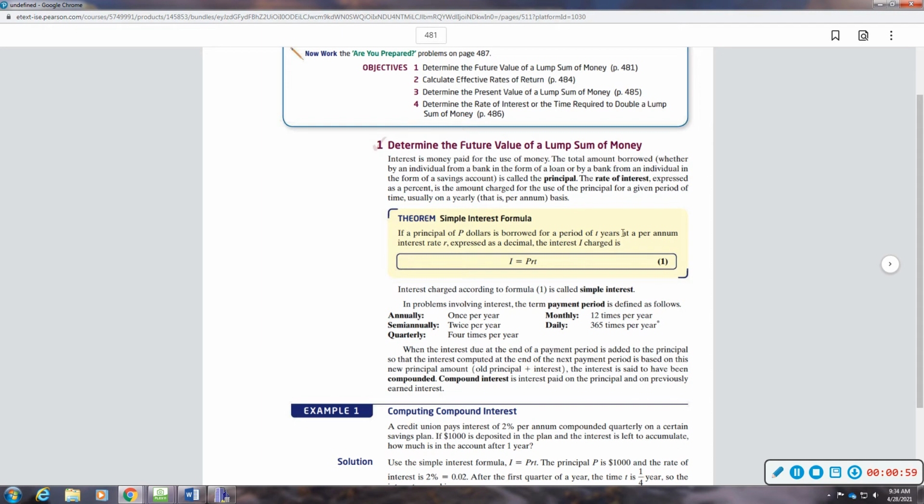T is the time in years, and you have to be careful as years or different time limits are given. You will have to change what you put in for T. And then R is the interest rate, and you have to express that as a decimal. That is important. So you get all these working parts, and we will compute simple interest.